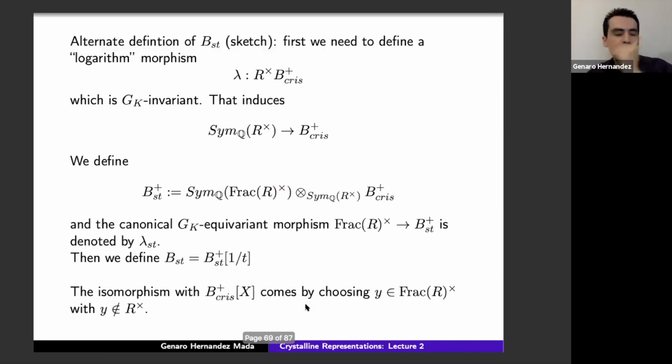I think that would be a good exercise: having that definition and looking at this other definition of B_st, how it would go to the definition of Frobenius, of monodromy, and of the Galois action in this.